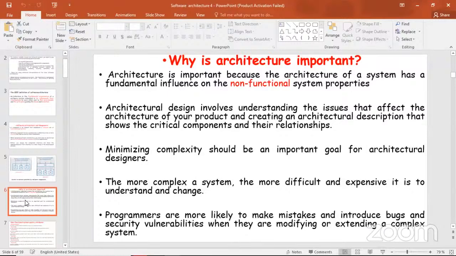So minimizing complexity should be an important goal for architectural design. So what is complexity? Now, of course, if you have done something on algorithm and complexity, you look at some algorithms are linear in their complexity.